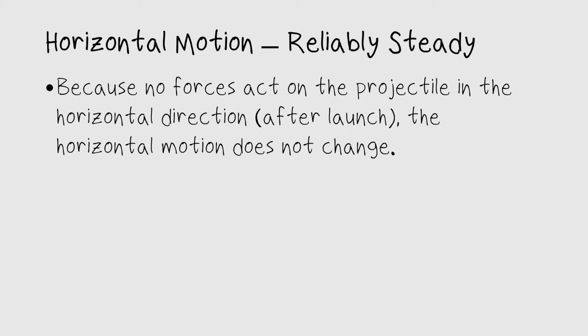We treat the object after that initial force is done, so that the only thing left is gravity acting on it. So if we ignore the actual push or explosion or whatever it is that gets the object moving, once it's in motion, there's no forces acting on it horizontally, and therefore, according to Newton's first law, its horizontal motion is not going to change.